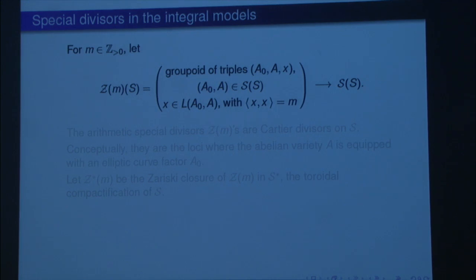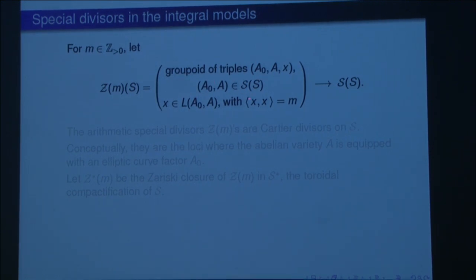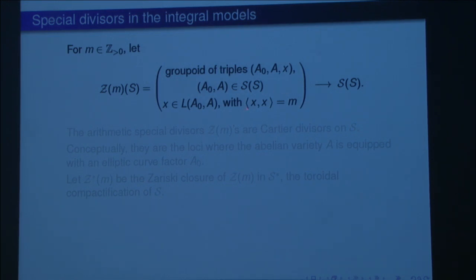Okay. So now to get the cycle, what you do is you consider, for a fixed integer m, the triples A0, A, and X, where X is an element of this lattice. In other words, a homomorphism from A0 to A, linear, whose inner product with itself is the fixed integer m. So you consider the triples like this.